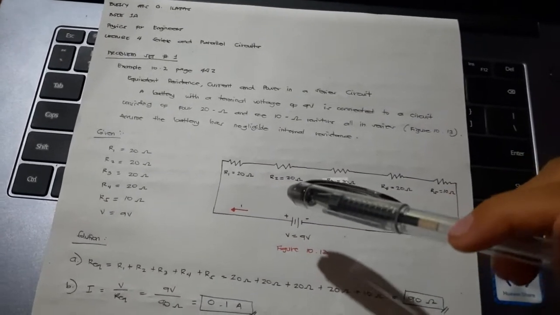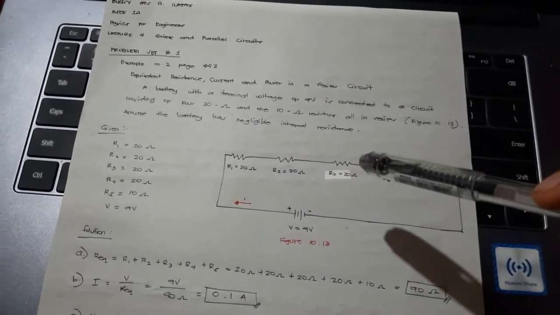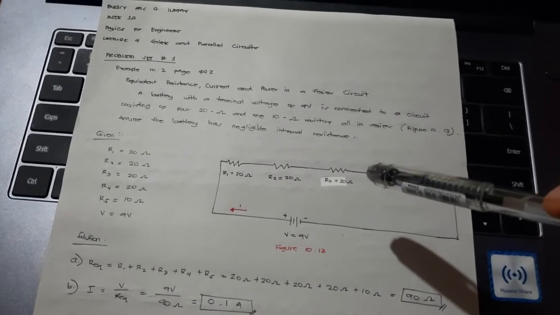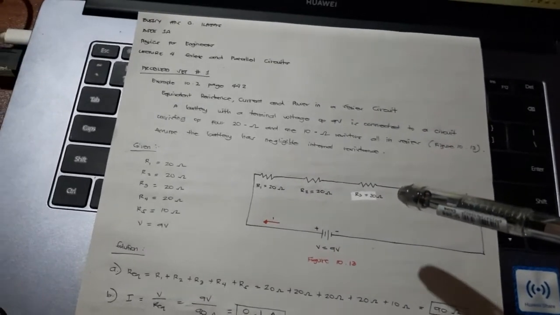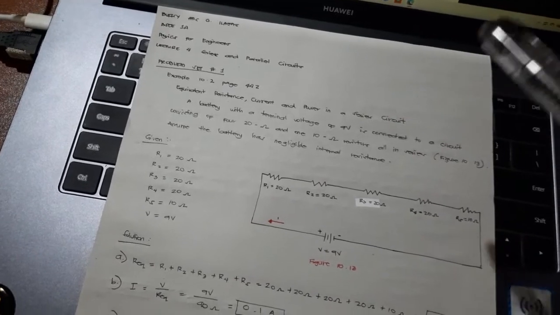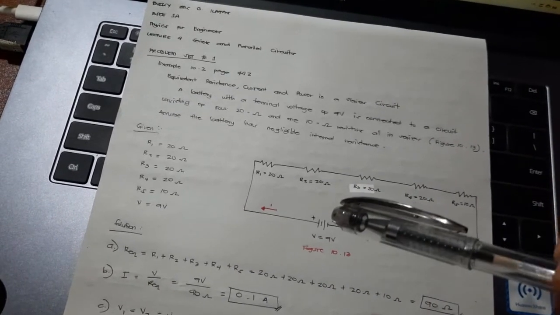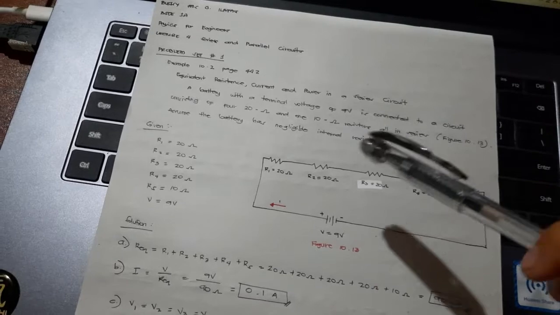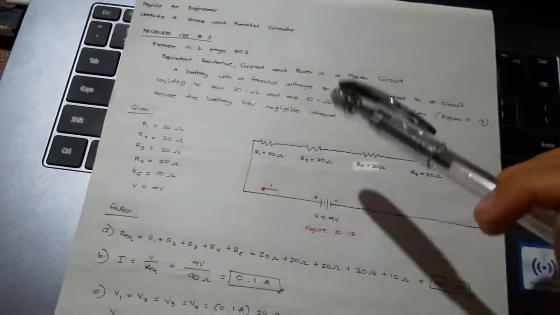So assume the battery has negligible internal resistance. So these are the given from the problem set.